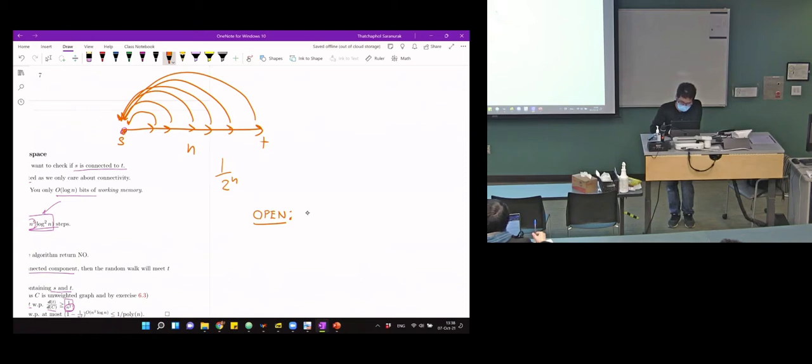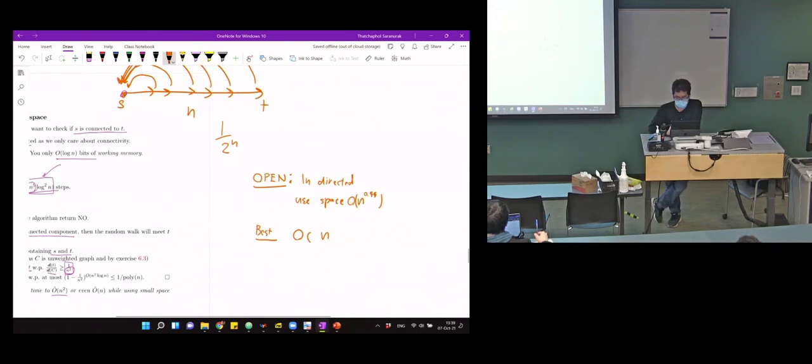What if you want, in a directed graph, to use space of n to the 0.99? Even this is not known. And the best known is, it's not something people can guess, but it's something like this.